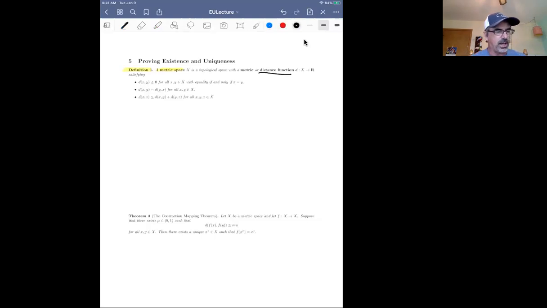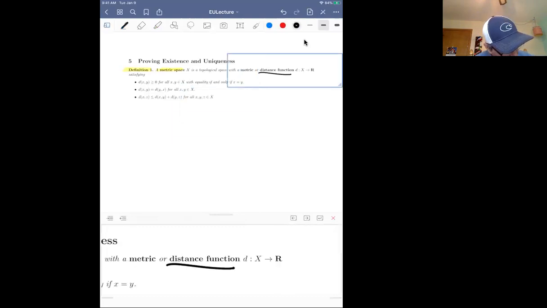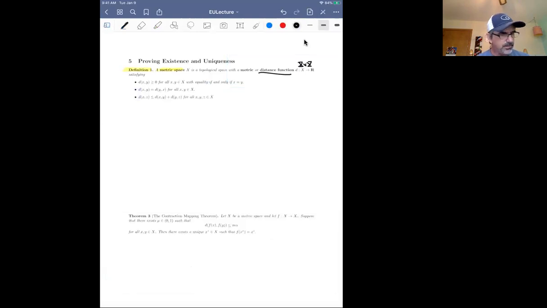We usually call that distance function, or at least I've called it here, a function d. It says it's a function from X to R, but really it's a function from X cross X. So it takes two values in the metric space and returns a real number. And it has these three properties listed here.